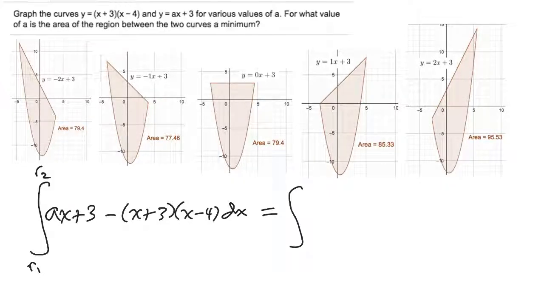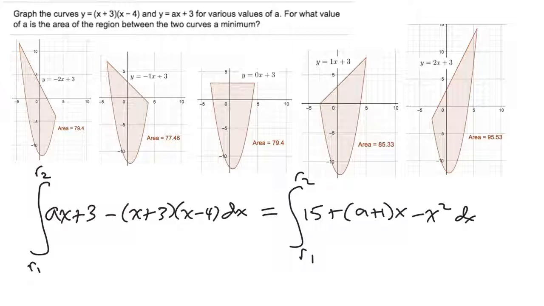So the first thing is the integrand, if we simplify it, and by simplify it here I mean multiply this out and combine like terms. I'm just going to go ahead and do it. If I simplify it, I get 15 plus a plus 1x minus x squared. And I'm writing it that way because I want to see it as a quadratic.